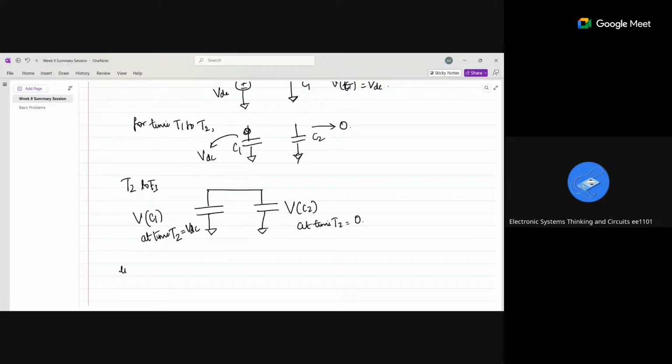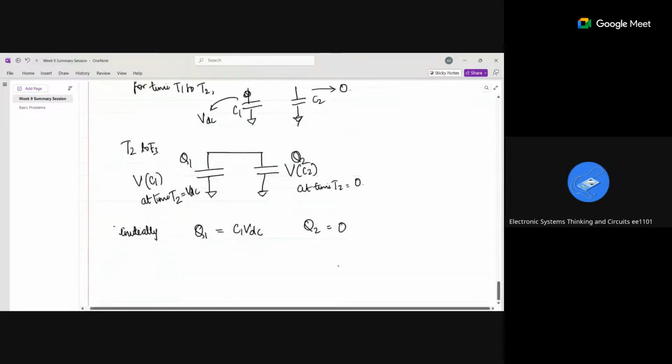So initially, charge across C1 I will take as Q1, and charge across C2 as Q2. Q1 is equal to C1 VDC. Q2 is equal to 0, since the voltage is 0.